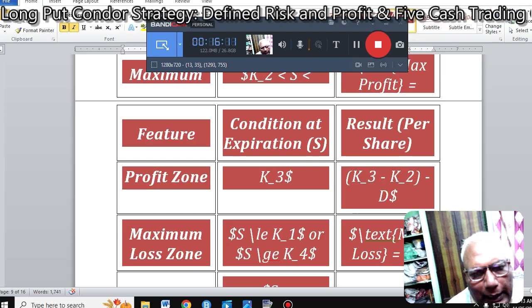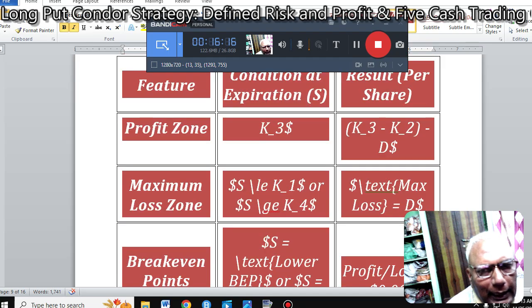Profit zone: K3 minus K2 minus D dollars.